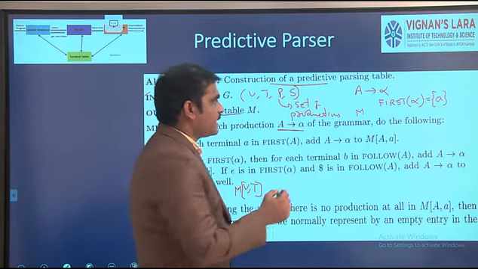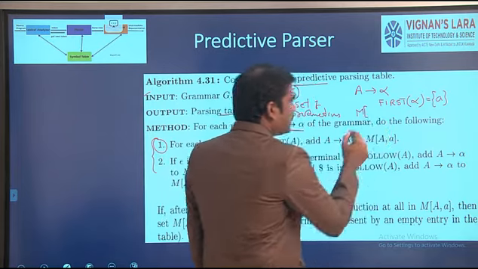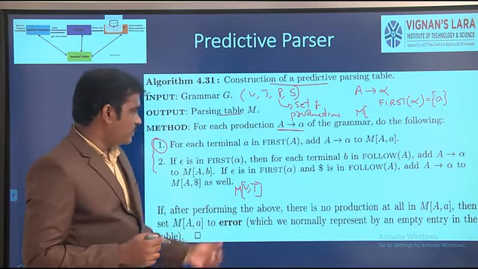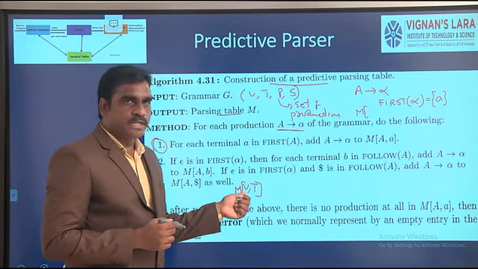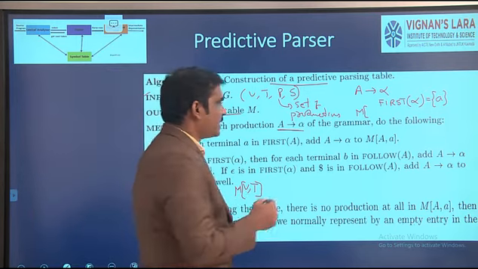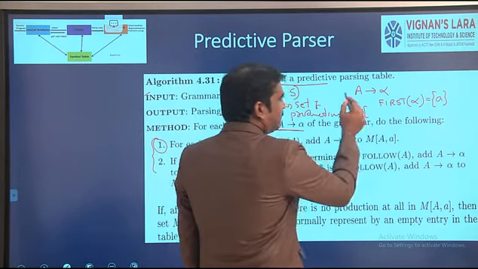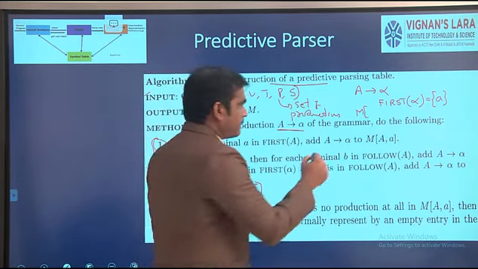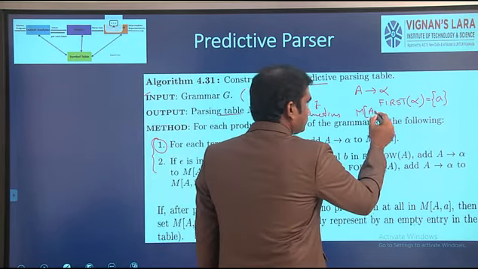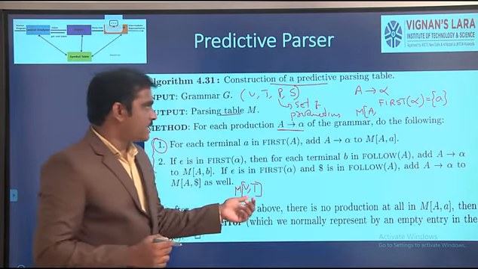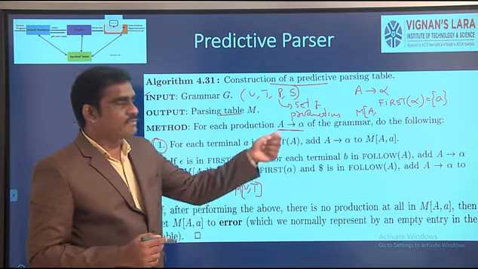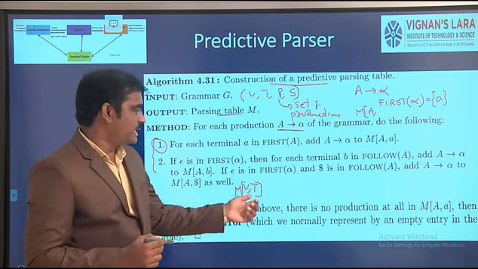How to select the entry? M is the table name. The first one is a variable, which is nothing but the production left hand side of the symbol, that is A. And what is a? a means the first of alpha result, the terminal.